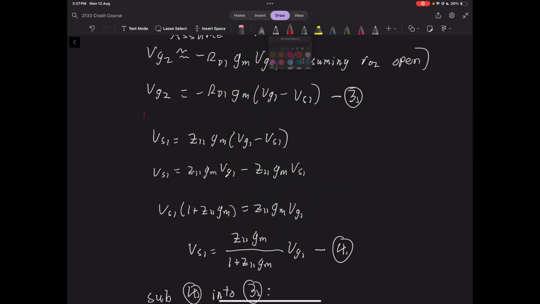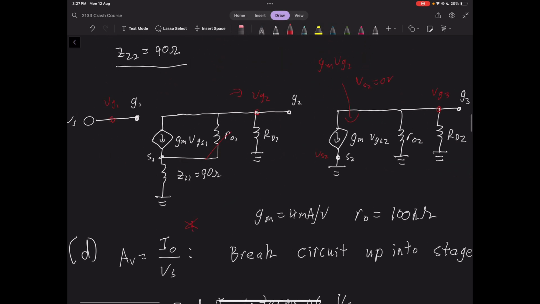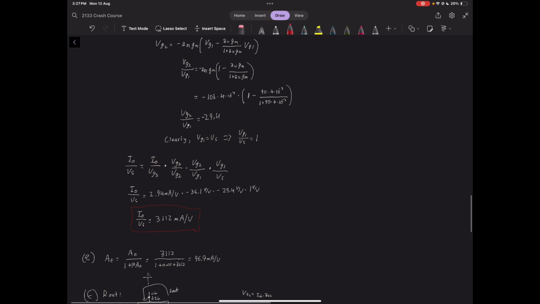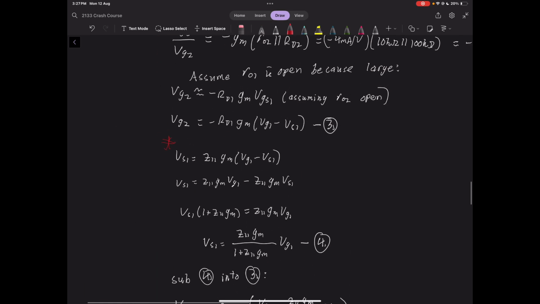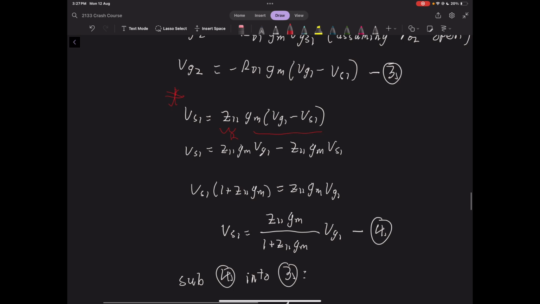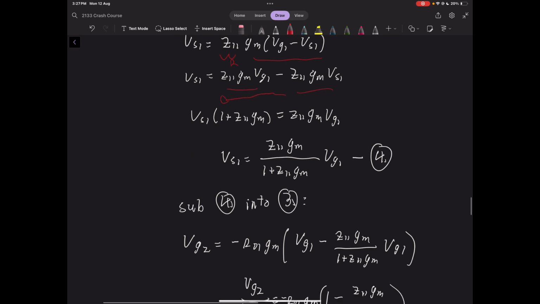This equation comes from Ohm's law. This is the current, and the resistance is Z11. So we can expand this out: we multiply this out, VG1, VGS, move this term to this side, factor out the VS1, and then we get this equation, VS1 equals that.